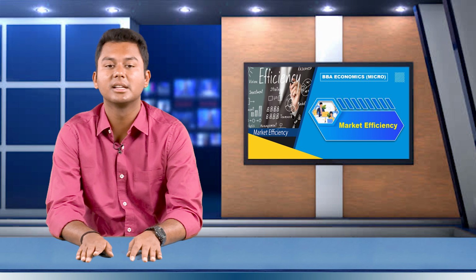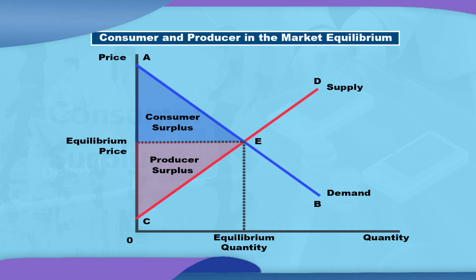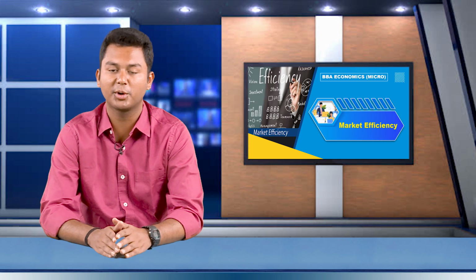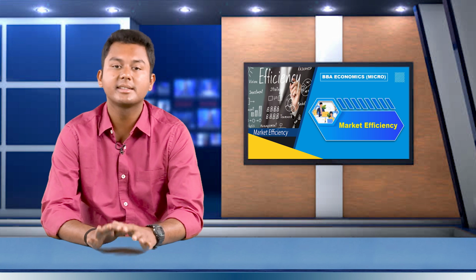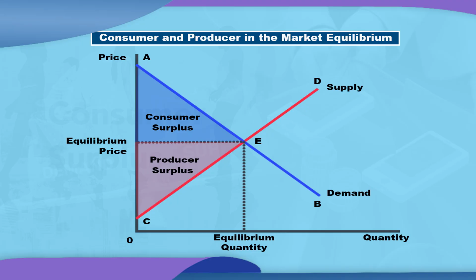Similarly, those sellers whose costs are less than the price, which is represented by the segment CE on the supply curve, which is upward sloping, choose to produce and sell the good. Sellers whose costs are greater than the price, represented by the segment ED, do not. Hence, their willingness to sell is different.